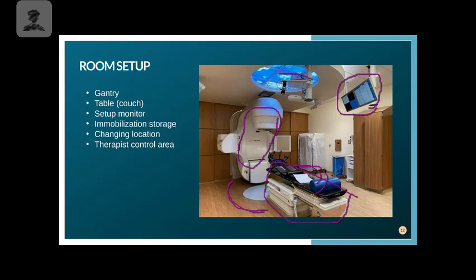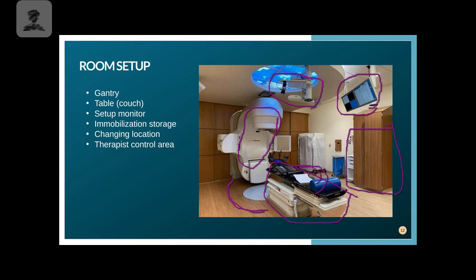You're going to have cameras or audio visual, so you can hear and see from up there. That's going to go onto your console as well, so you can see the patient and hear them while you're treating.